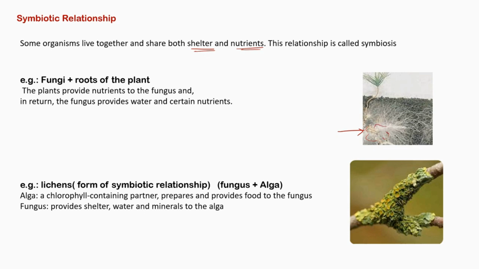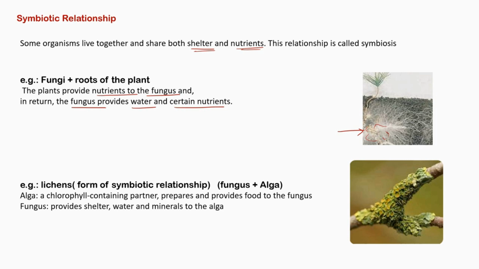So fungi and roots of the plant share a symbiotic relationship: the plant provides nutrients to the fungus and in turn the fungus provides water and certain nutrients to the plant. So they both are giving each other something and they will survive together. It is beneficial for both of these organisms. So it is known as a symbiotic relationship.